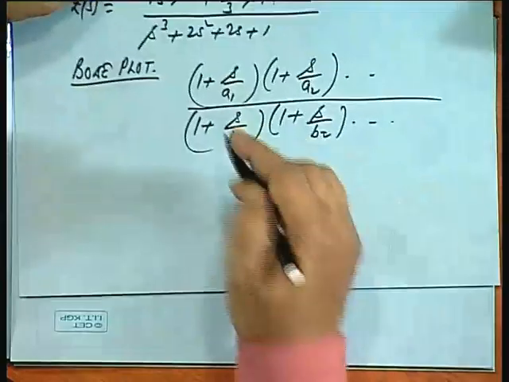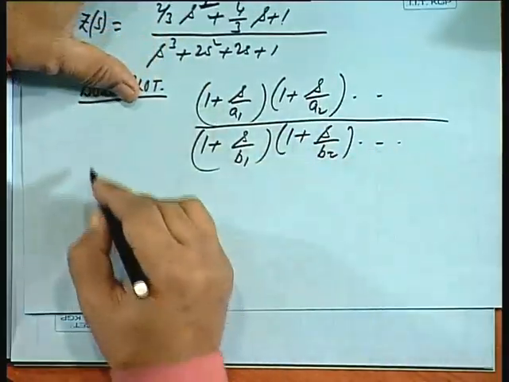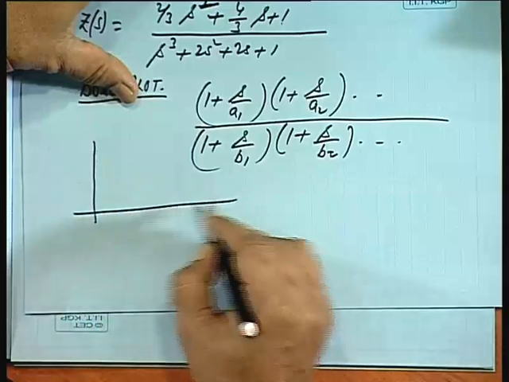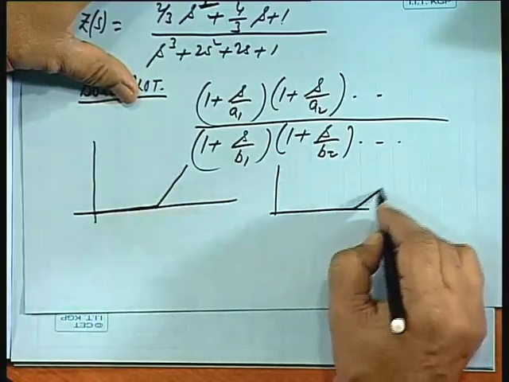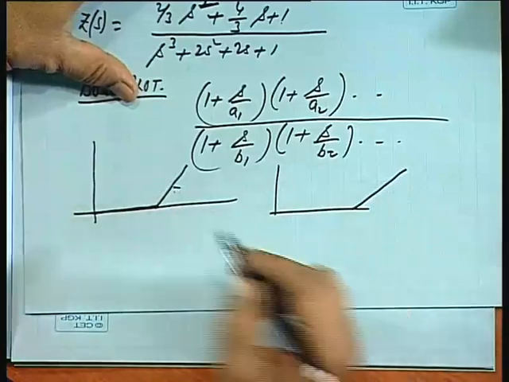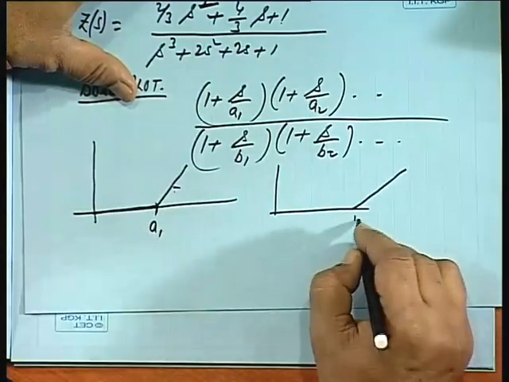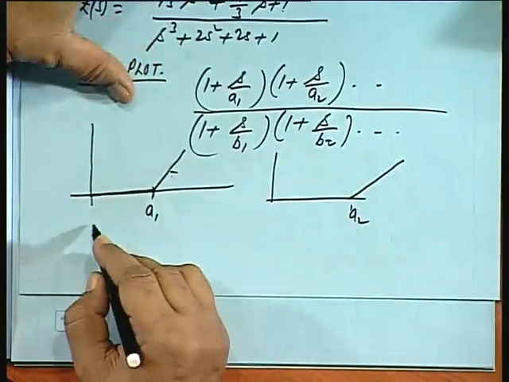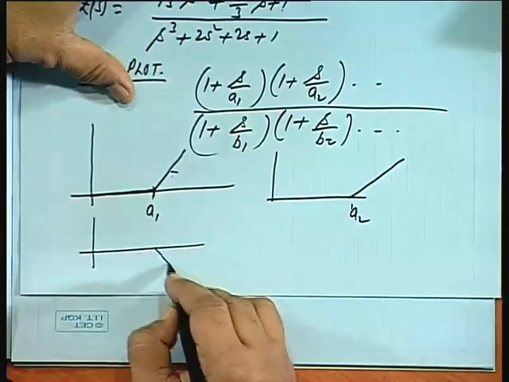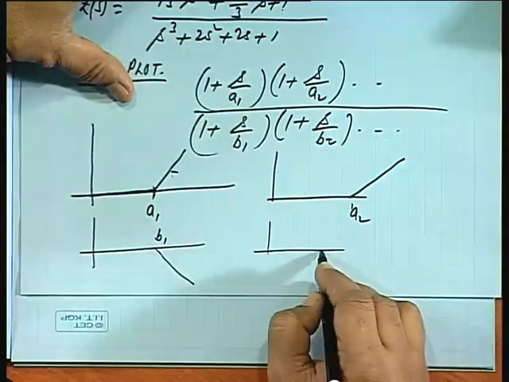How do you make a Bode plot? You take individual components, all the numerator functions will have the appearance like this, 20 dB per decade rise at A1, at A2 and so on, and the denominator functions will have 20 dB per decade fall at B1, B2 and so on.